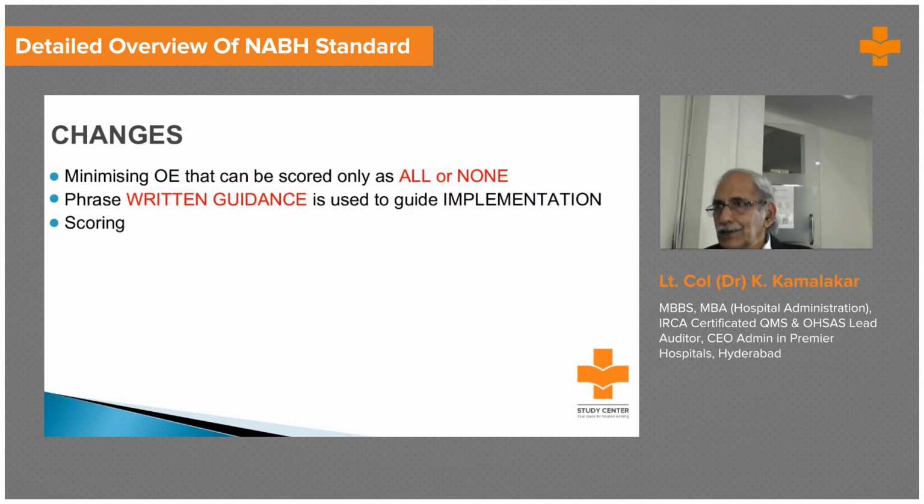If the license is not there, it is given a 0. If the license is there, it is given a 10. In other objective elements, if there is a partial compliance, then it is given a score of 5. This is how the scoring was done earlier: 0, 5, 10.